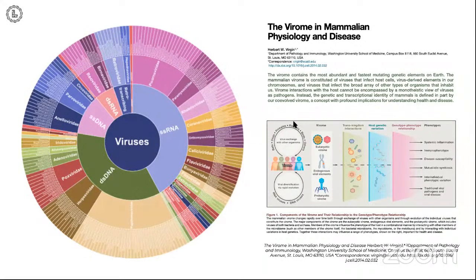So it's really about different approaches to metagenomic sequencing that allow us to extract different types of information.